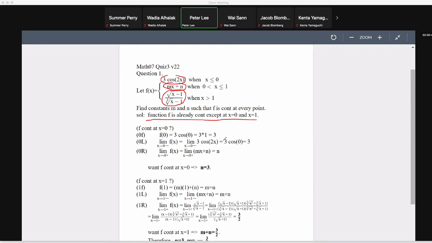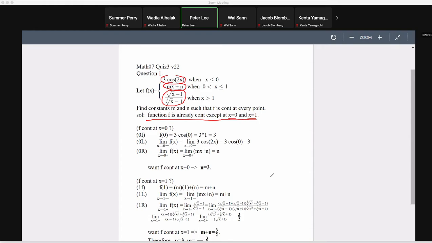But when you connect them, continuity is not guaranteed. Therefore, this function f is continuous everywhere, except you don't know whether it's continuous at x equals 0 or at x equals 1. Those two points are the only places where continuity is not guaranteed.